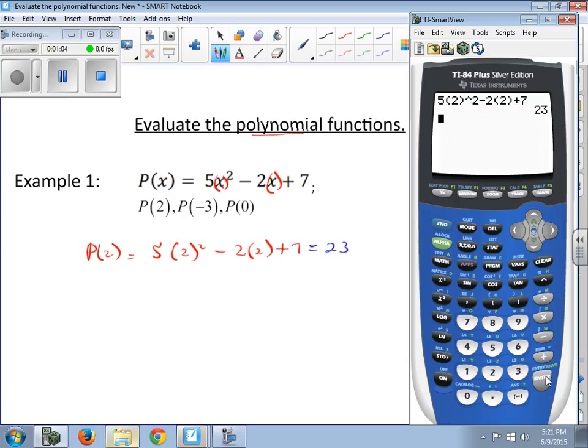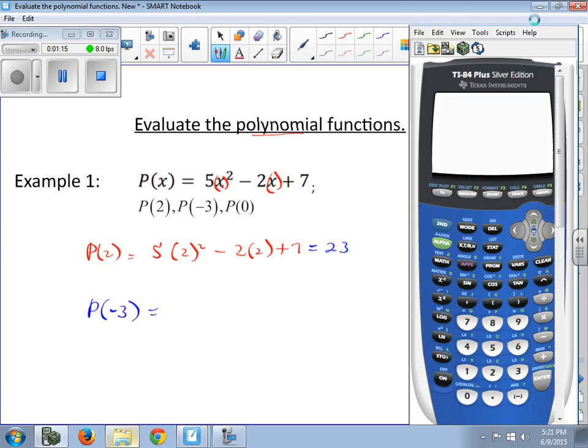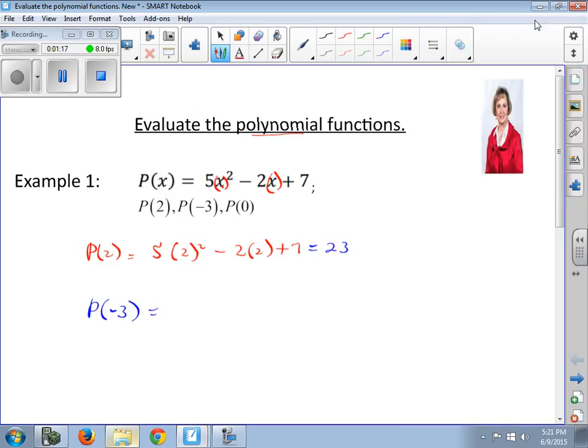Alright, let's do the second example. P of negative 3. So I'm going to be replacing the variable with the negative 3. So I'll have 5 times negative 3 squared minus 2 times negative 3 plus 7.